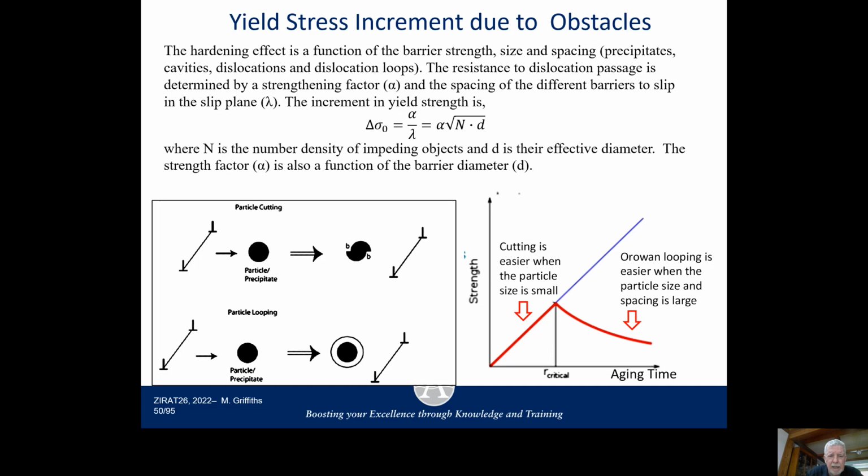So this term here, that's the number density, and the diameter of the precipitates basically relates to the spacing that one gets between the dislocations. And this alpha has to do with the ability of the precipitates to inhibit dislocation climb. Now that applies both in Orowan looping and in the precipitate cutting.